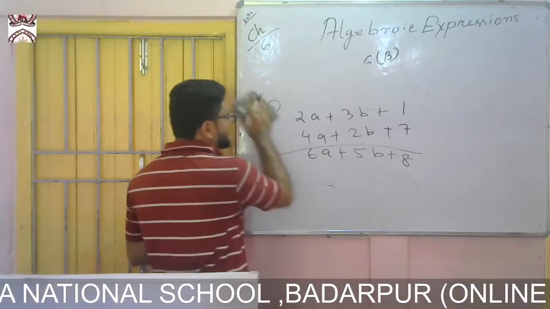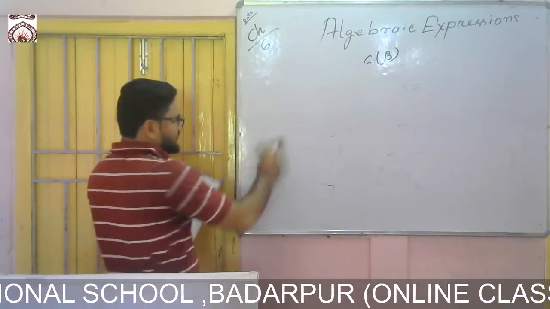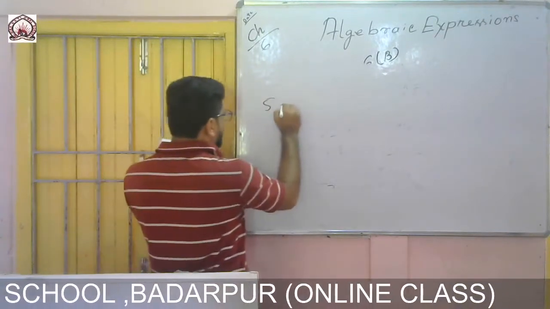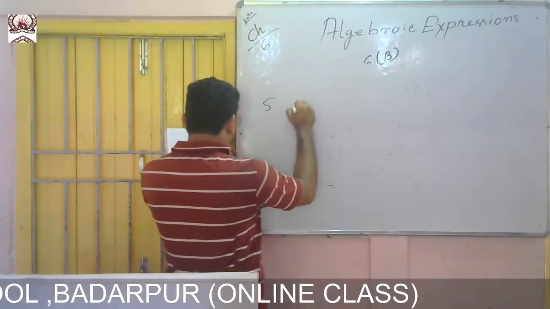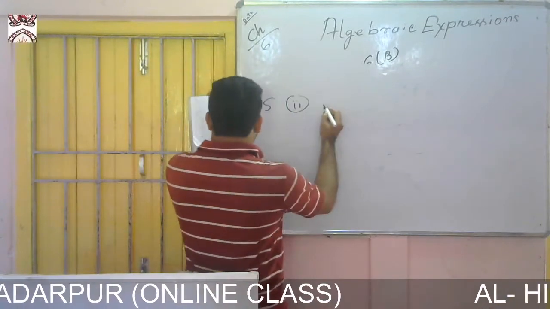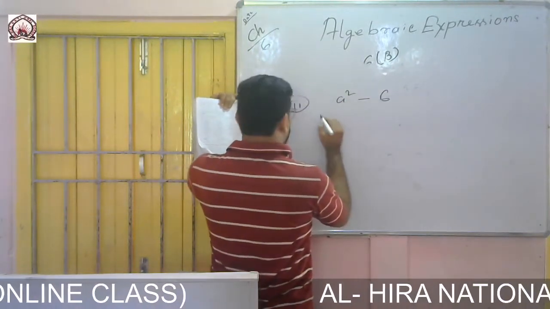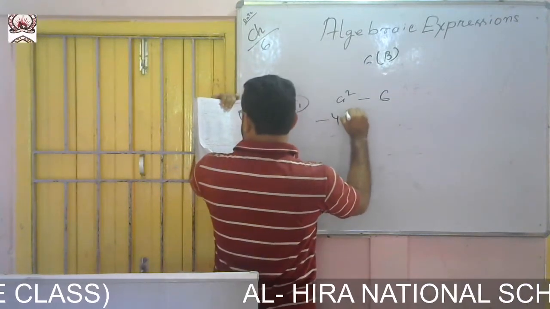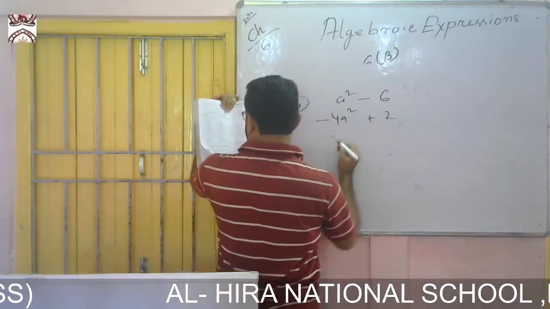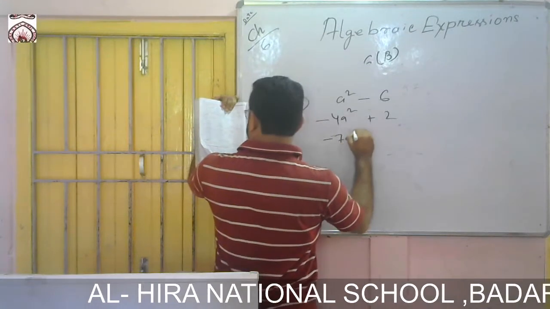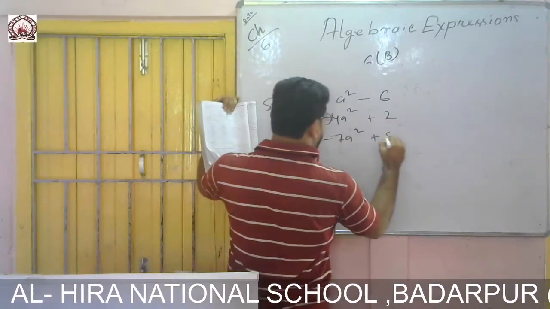Okay, now come to question number 5, Roman 2. You see: a square minus 6, then minus 4a square plus 2, then minus 7a square plus 5.